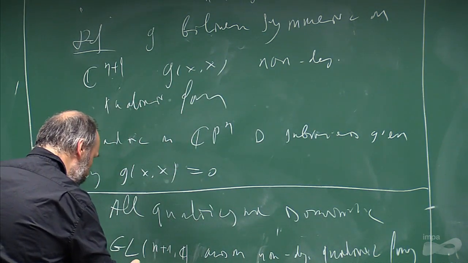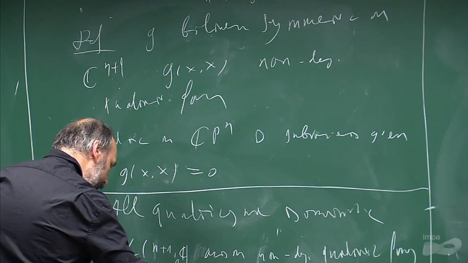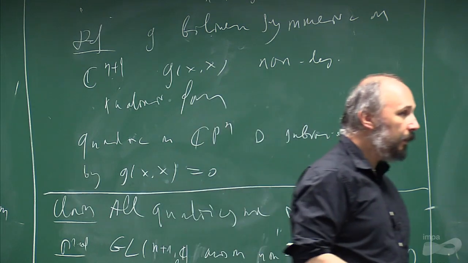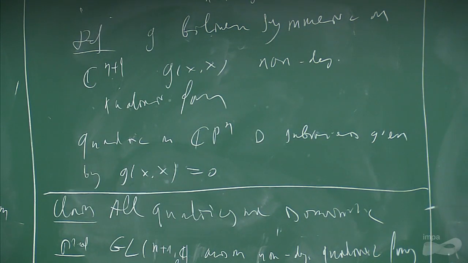So it maps any quadric to any other quadric. Okay, now we can have some examples. We don't care which quadric we take, so we can take any.